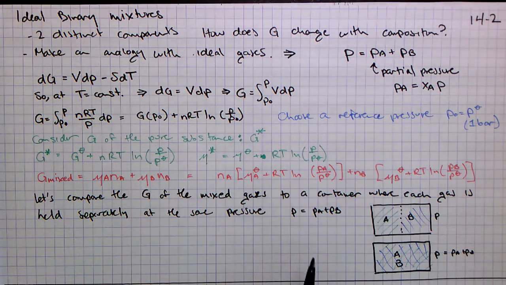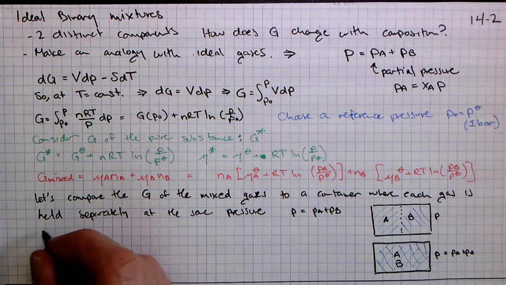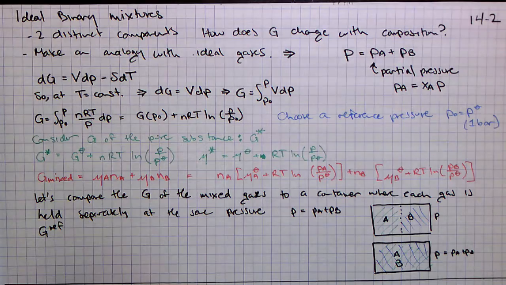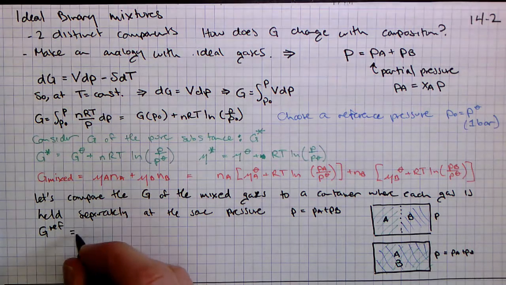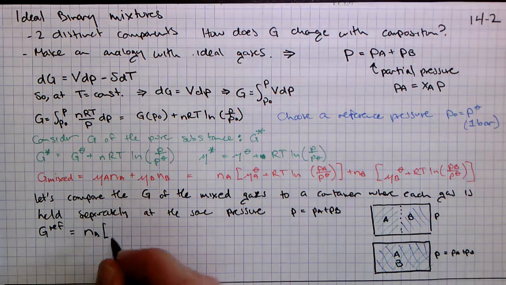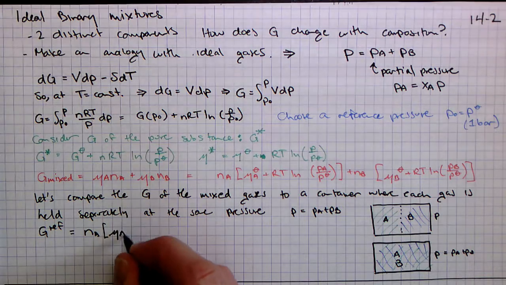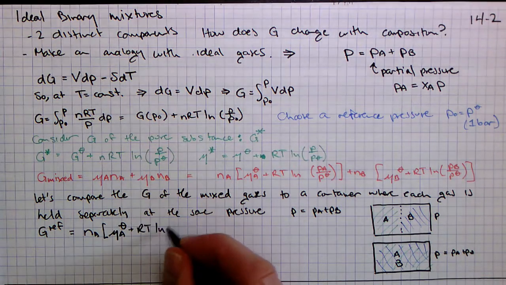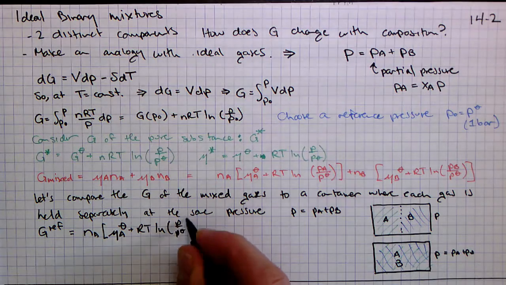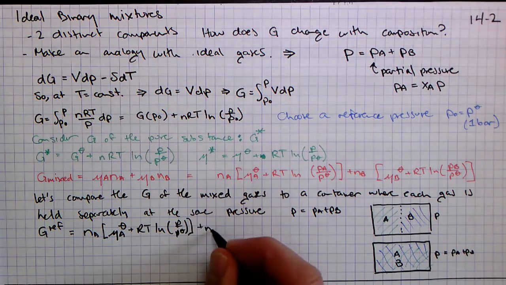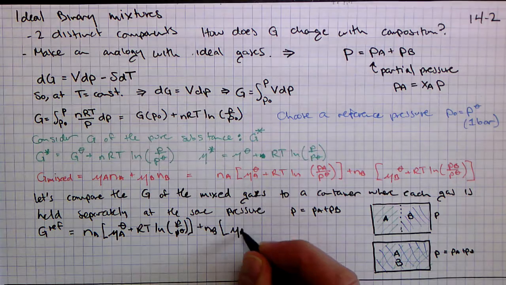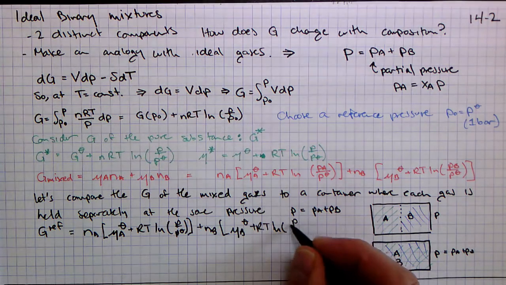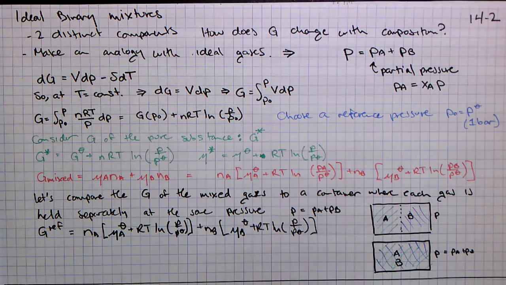So we can calculate the difference there because we can write down an expression for the reference G. So the reference is going to be Na times mu A theta plus RT natural log P over P theta plus Nb times mu B theta plus RT natural log P over P theta, right?